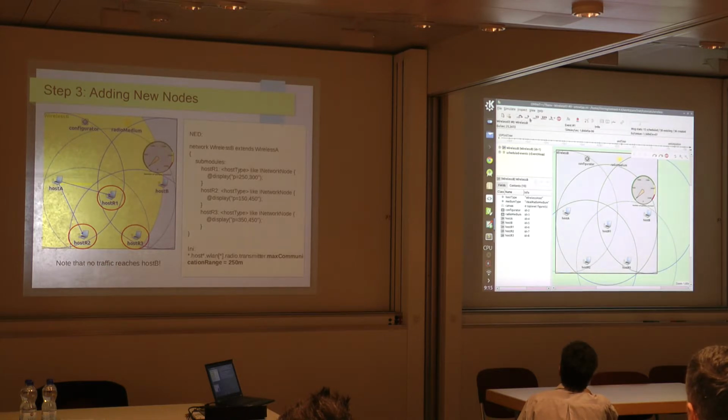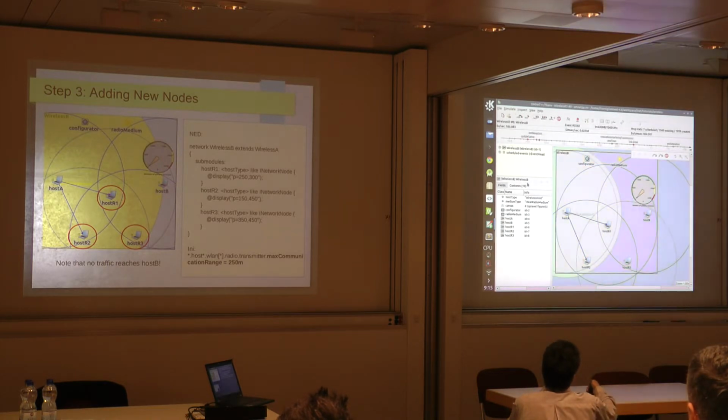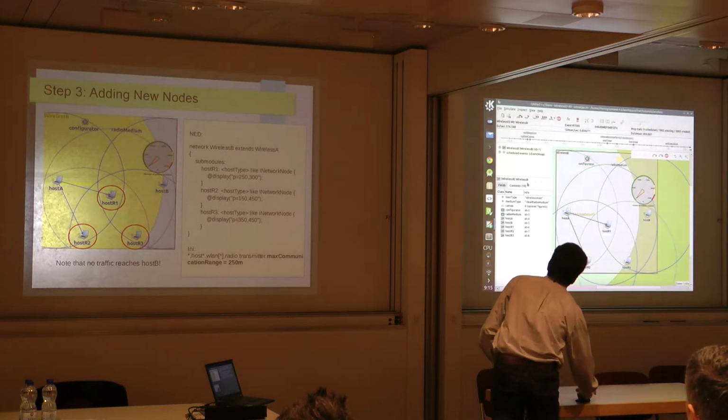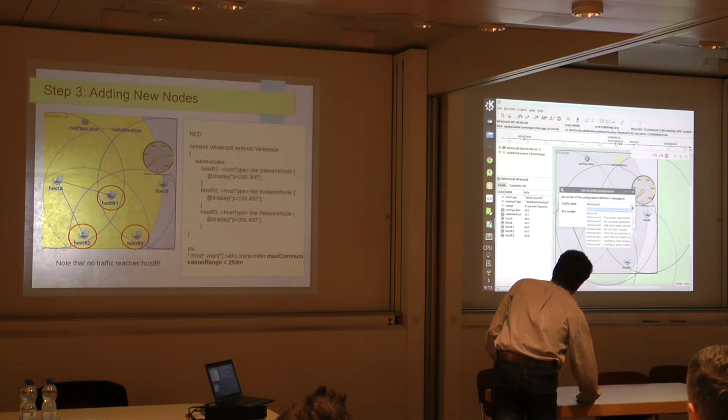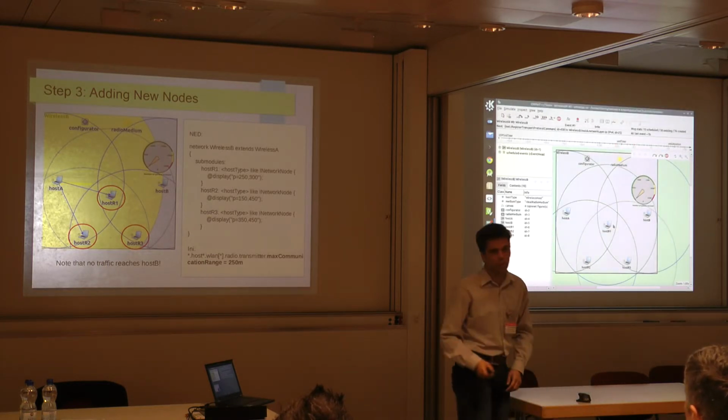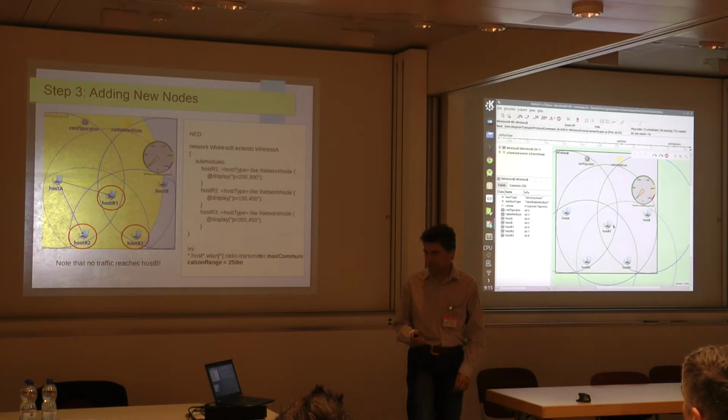So it's no surprise that communication is taking place here, but nothing happens here. The reason is obviously that we just put standard hosts over there, and the traffic itself is not routed because by default the hosts do not route.